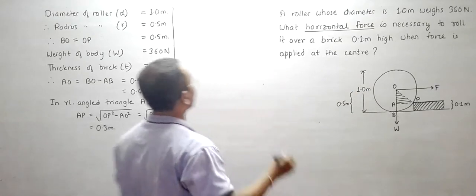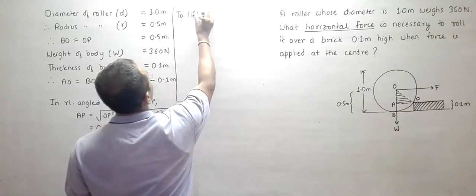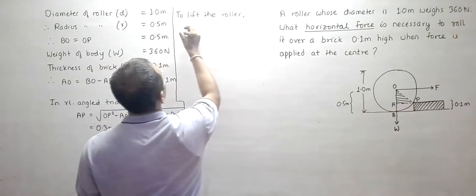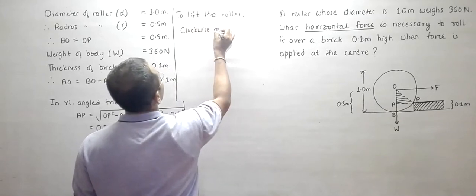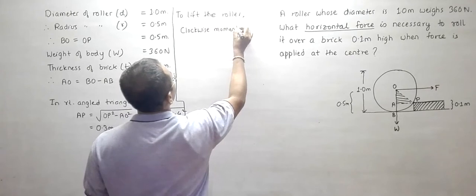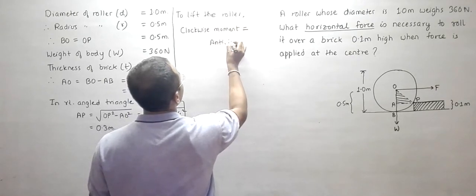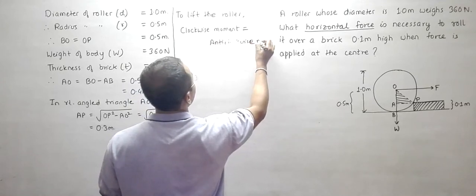So here let's write, to lift the roller, the clockwise moment should be at least equal to the anti-clockwise moment.